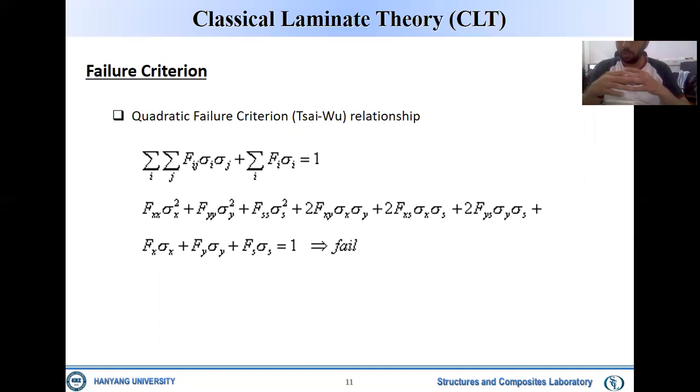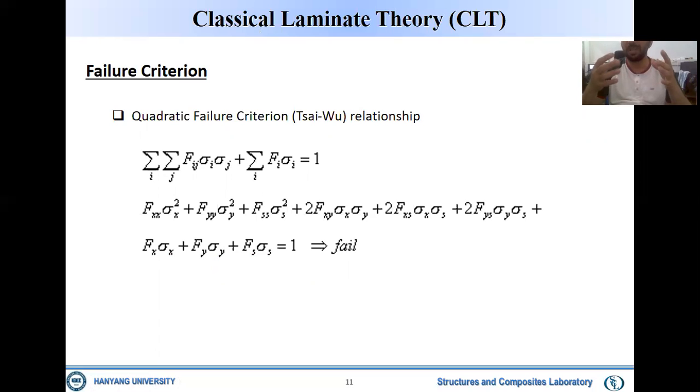So, putting it all together, once we have determined the on-axis strain and on-axis stresses, now it's time to determine whether our designed laminate is safe or not. So we need to have some failure criteria, which will tell us whether our design is safe or not, because we need to decide whether the structure will fail or not.